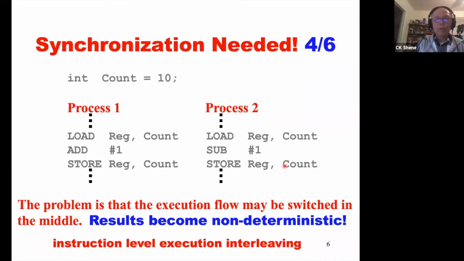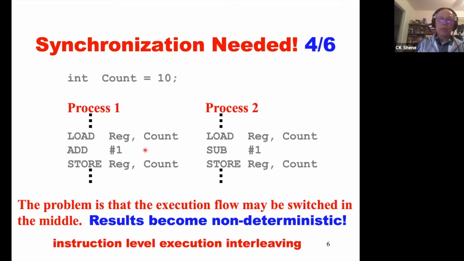Now, always remember, an interrupt could occur at any unexpected time, could occur here, or here, or here. When an interrupt occurs, the currently executing program will be suspended. The CPU will be given back to the kernel in order to process that interrupt. And finally, when control transfers back to a process, that process may not be process 1, it could be process 2.